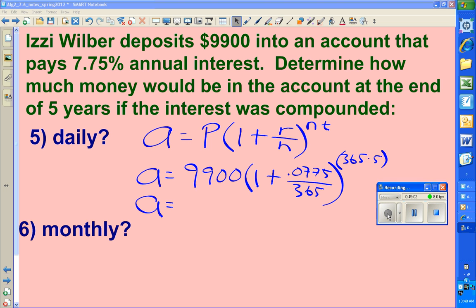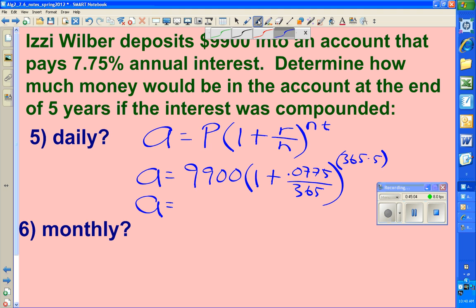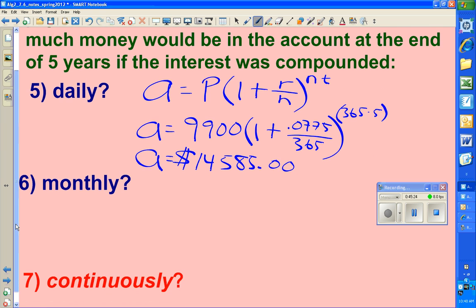So 14,000, then what? 0.00. You've got to show the two zeros to show you rounded. At that point, there were no cents. See if you can do the same thing monthly. What changes when we go monthly here?